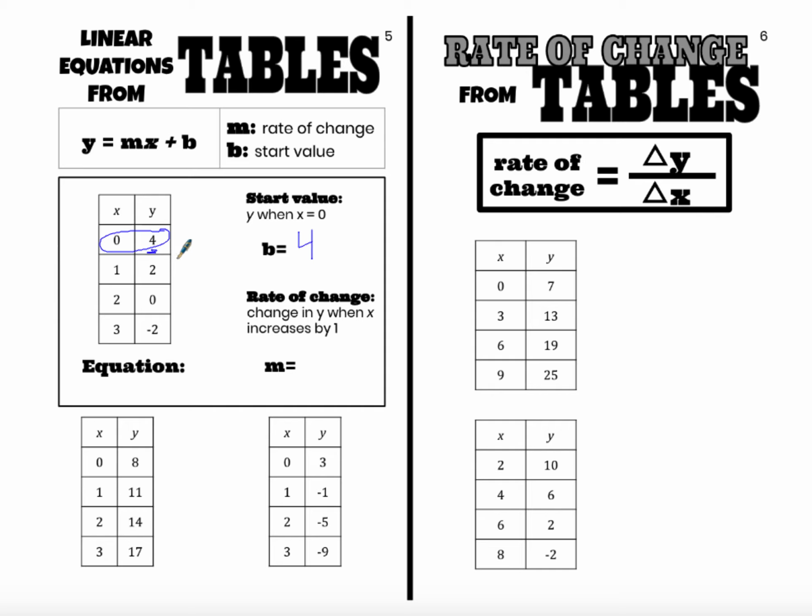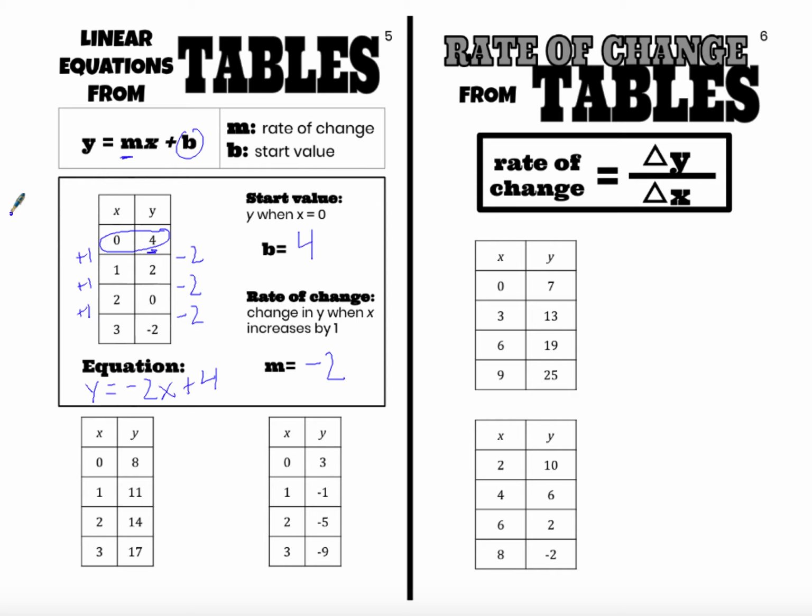And then our rate of change is how much y goes up or down by when x goes up by 1. So in this case, our rate of change is -2. I'm still accepting either way of writing the equation. y equals 4 minus 2x, or if we're using y equals mx plus b, my b goes in here, my m is -2, so y is -2x plus 4.